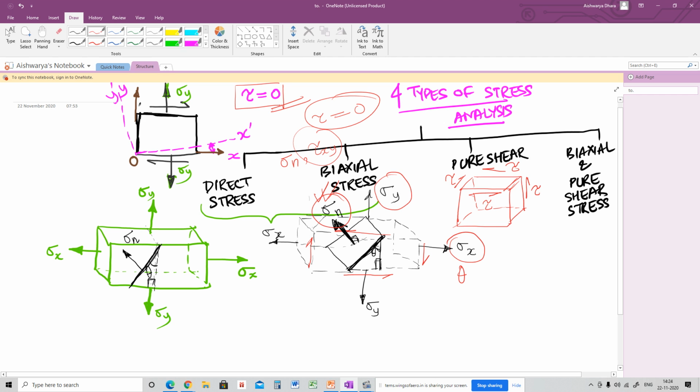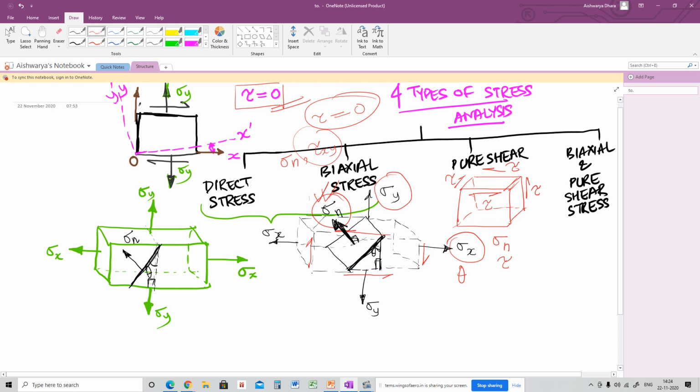The main motto is to find, based on the magnitude of the shear, what will be the normal stress acting, and what is the tangential stress. Tangential stress is nothing but the shear stress.